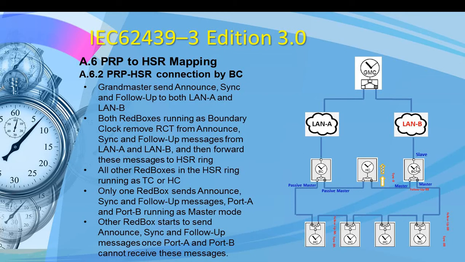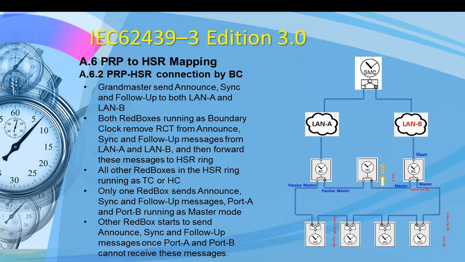This one sends out all the PTP messages to the HSR ring, and the boundary clock running in passive mode can still receive the messages. Once it cannot receive the messages, this RedBox moves to active mode.